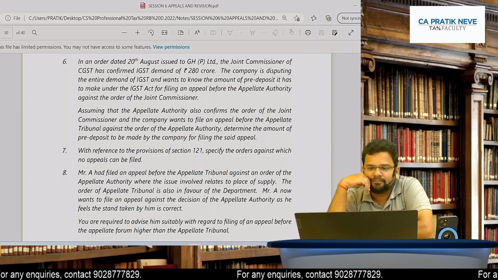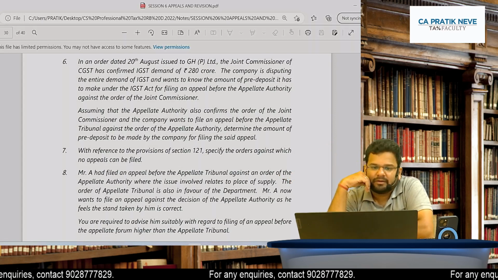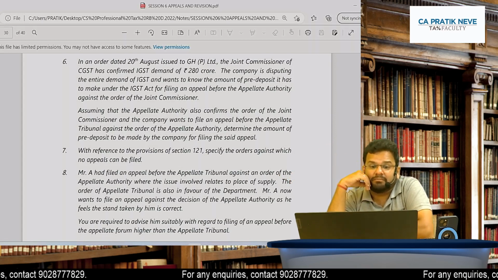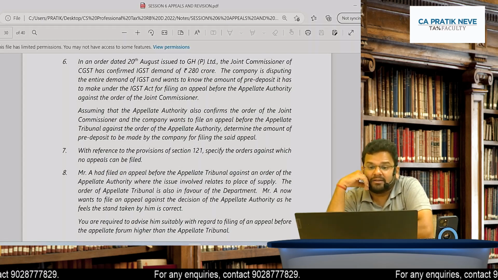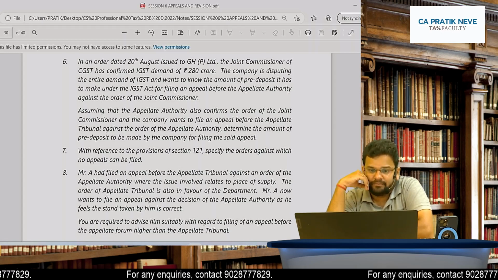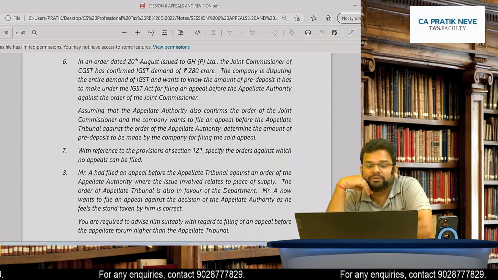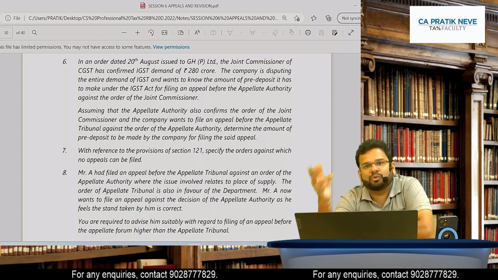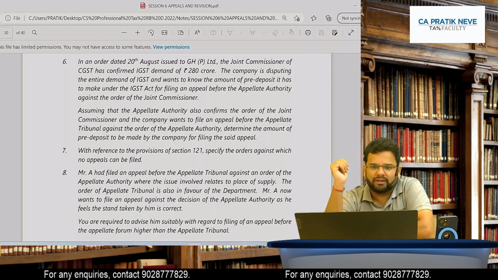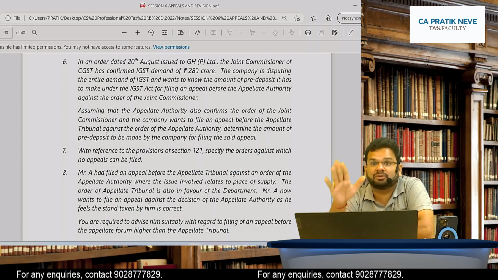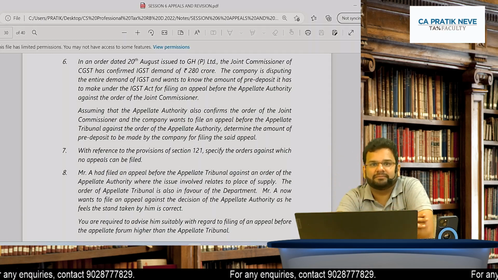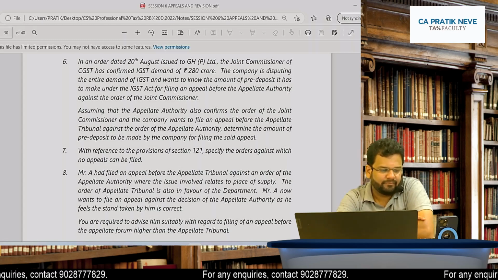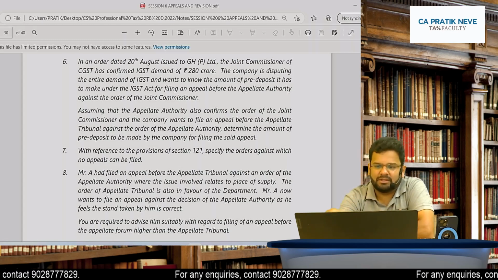Very good. And the company wants to file an appeal before the appellate tribunal against the order of the appellate authority. Determine the amount of pre-deposit. Now it will be 20% of the 280 crores, which is 56 crore. Is it within limit? Yes, it is within limit.